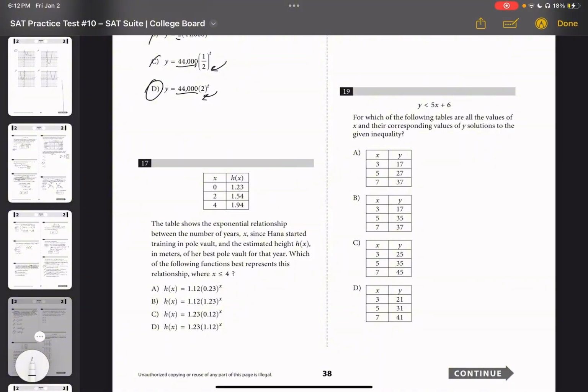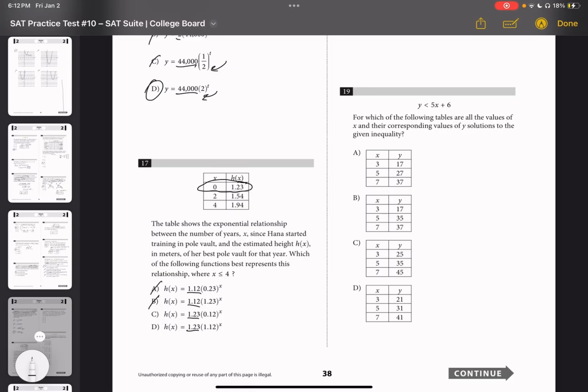So if we have different coefficients for these two, we know that we should plug in 0 to see what we get. So we should see what the value is at 0. It should be 1.23. So our coefficient should be 1.23, since when we plug in 0, we should get h of x is equal to 1.23.